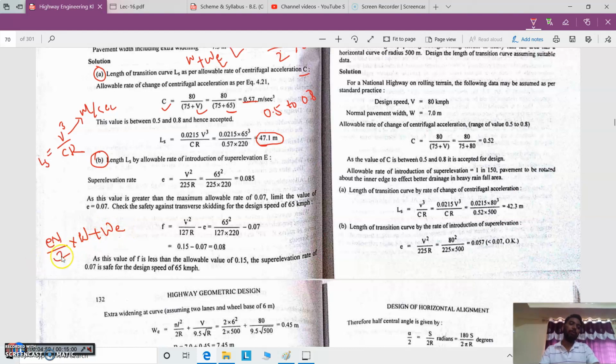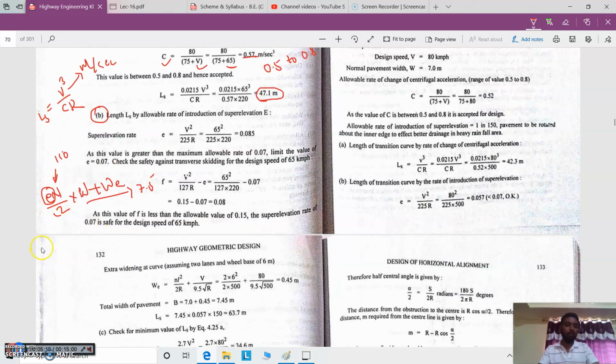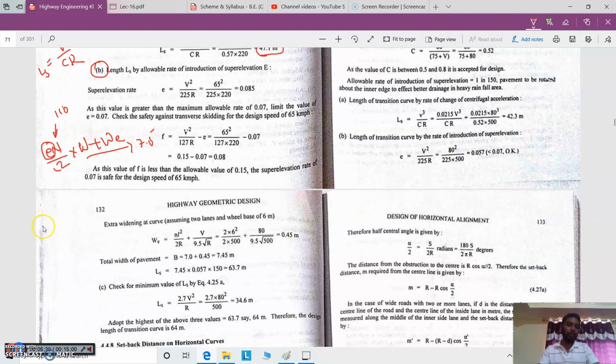This divided by 2 is considered because the pavement is rotated about its center line. And here the n value is given in the question as 150 and W plus We value is given as 7.5, but the value of E is not given. So we need to calculate this value of E here. How do you calculate the value of E?